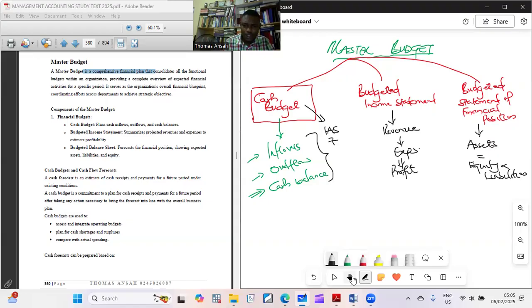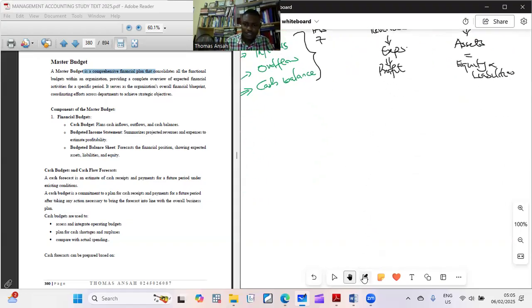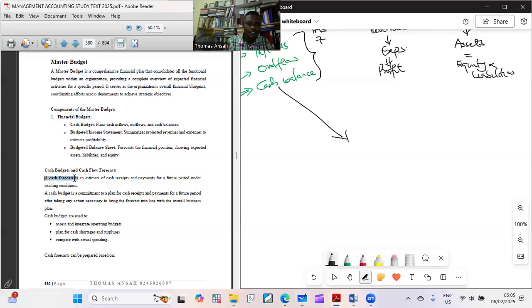When we talk about the cash budget, the focus is that it is a cash forecast. It is an estimate of your cash receipts and your cash payments for the future period under the existing conditions. So the cash budget is a commitment to a plan: how you are going to take care of your cash receipts and cash payments, so that at the end of the day we know how much cash the entity has.